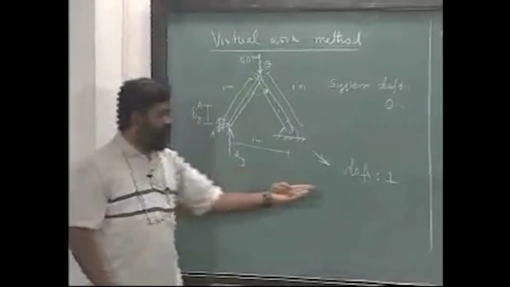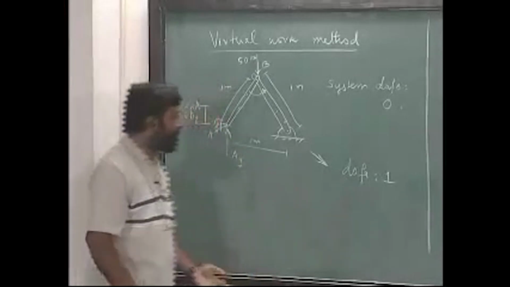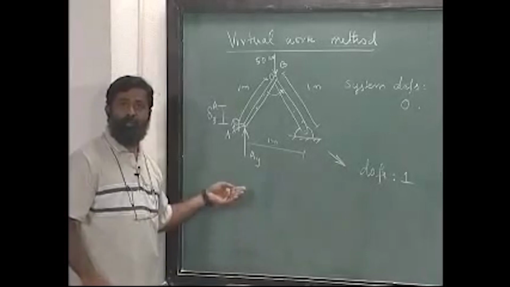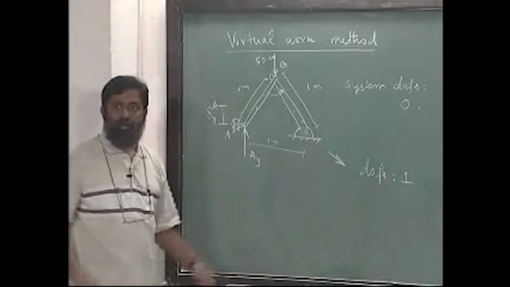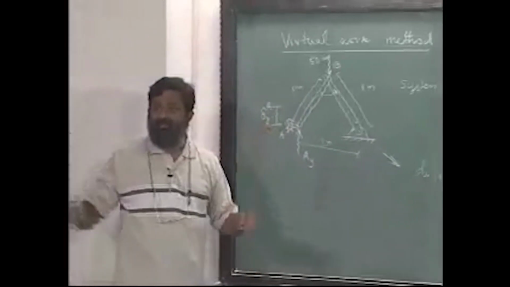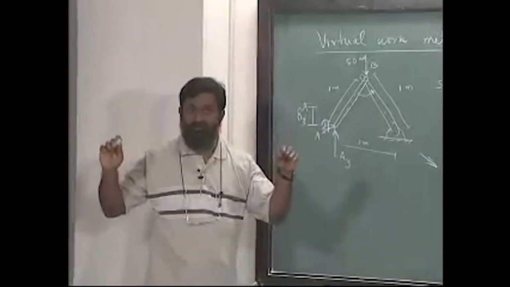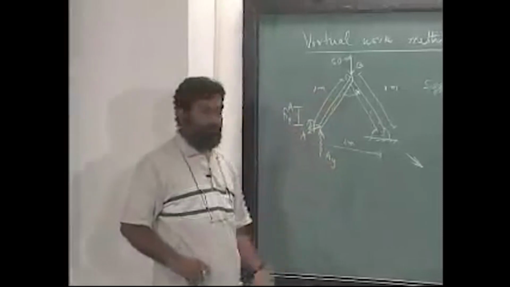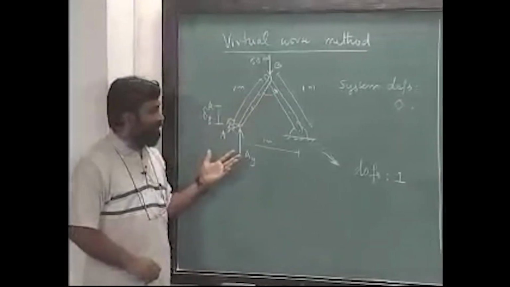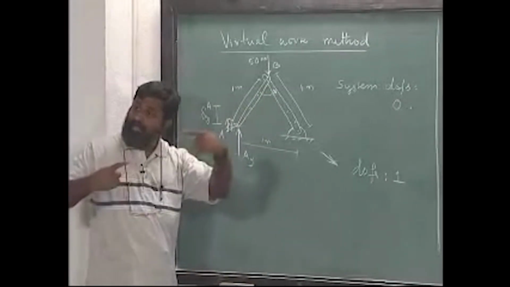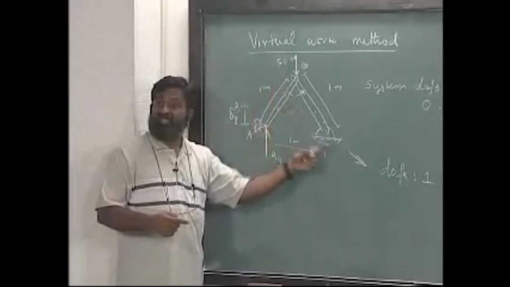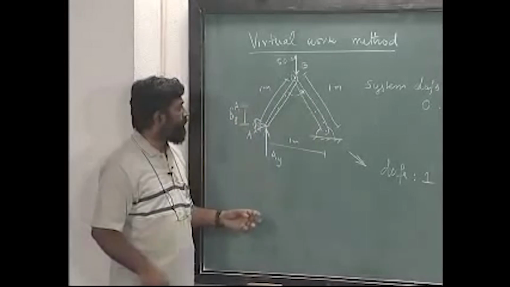After having found out the degrees of freedom, the next step is finding the active forces in the system, mind my words, active forces. What do I mean by that? There is no cancellation that happens, or no internal force that takes part in this virtual work method.